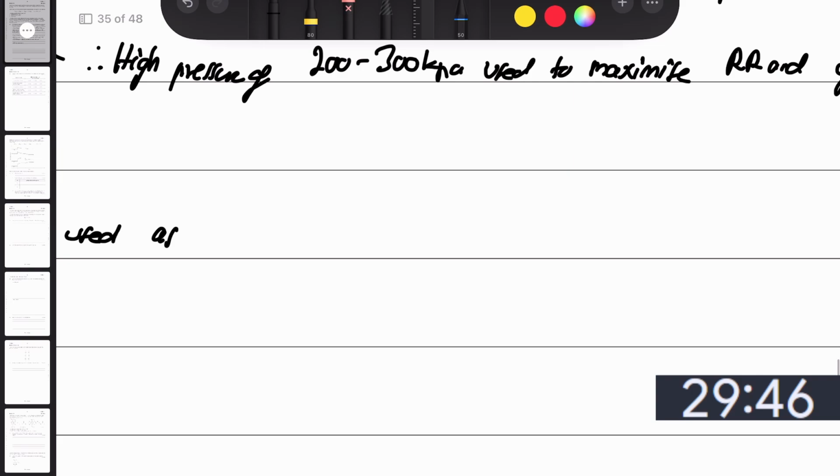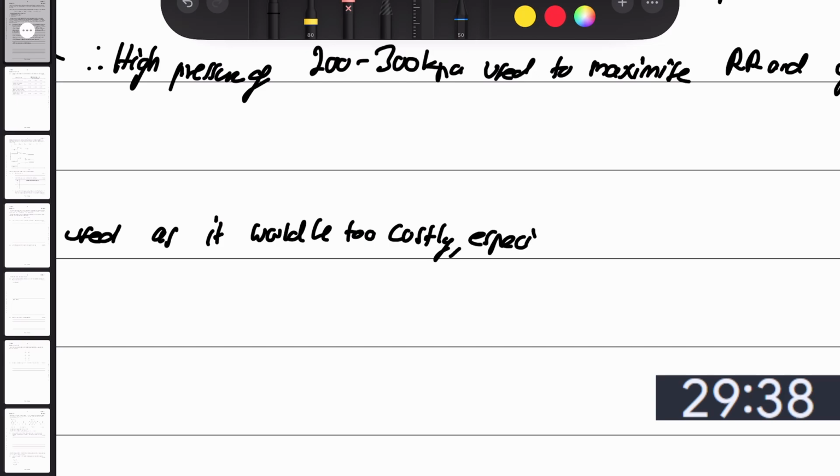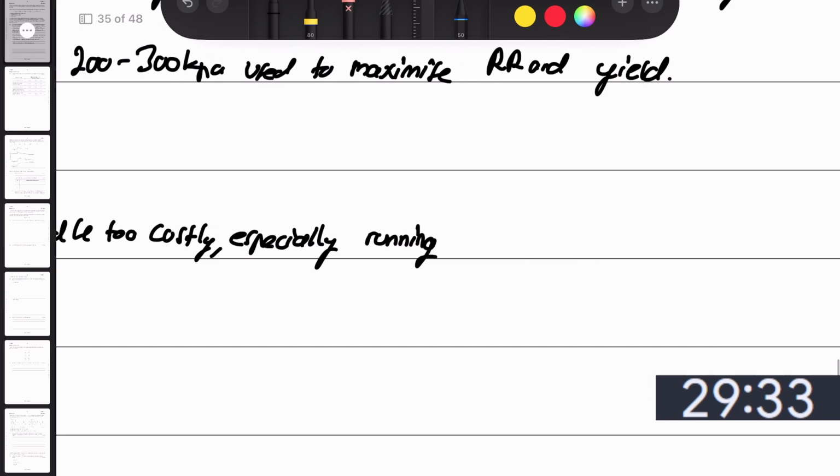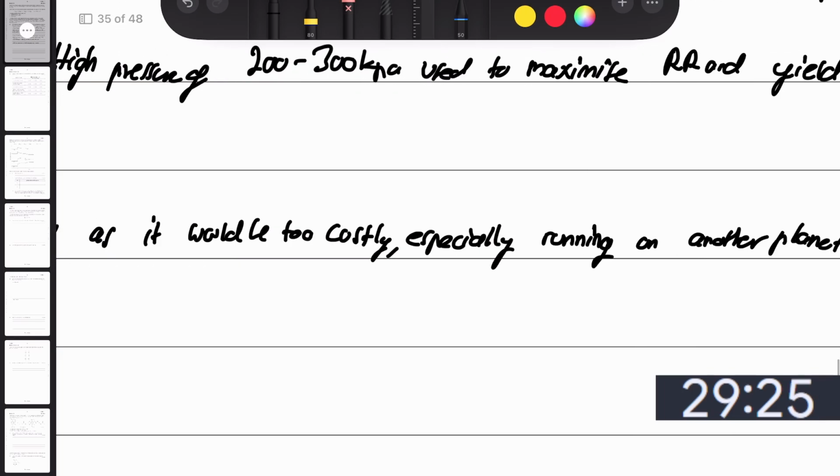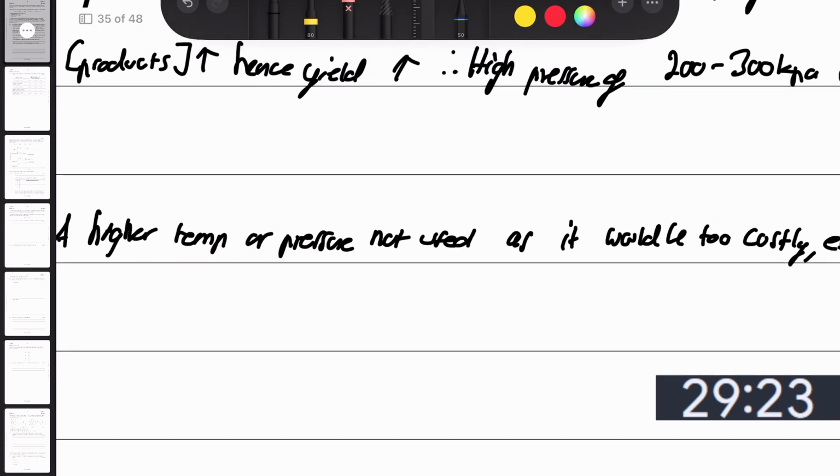Actually, no, economics, as too costly, especially running on another planet. Higher temperature, particularly higher pressure.